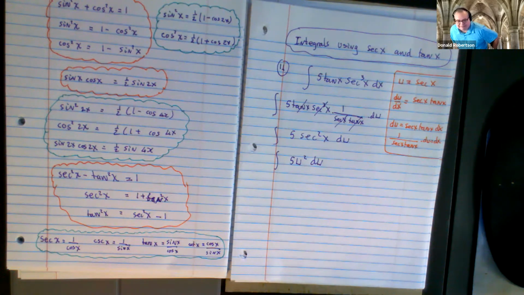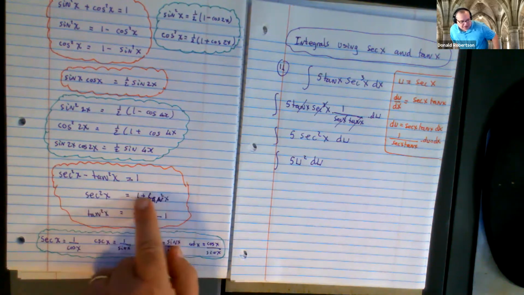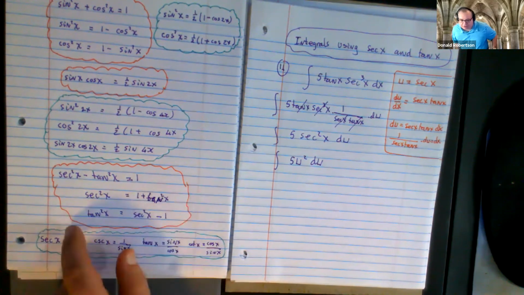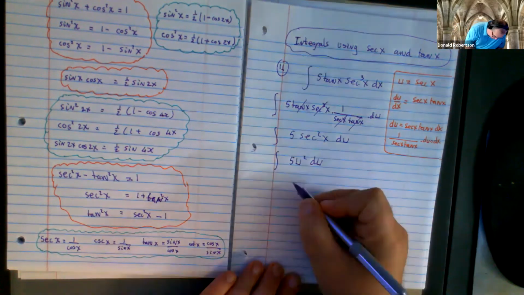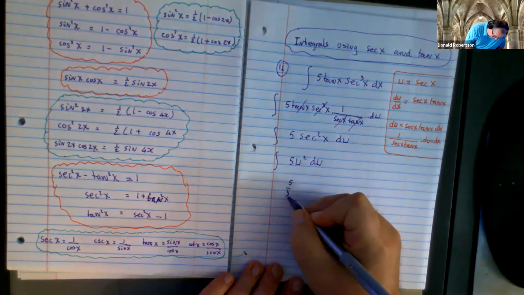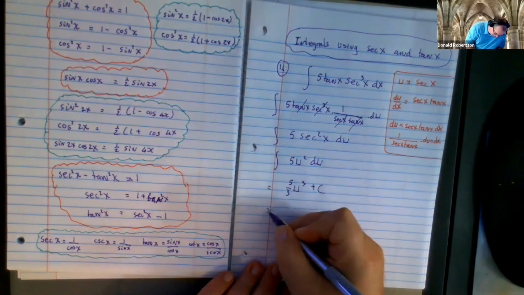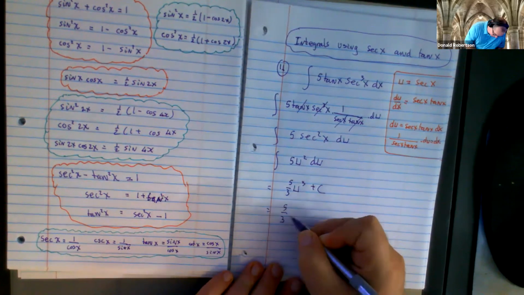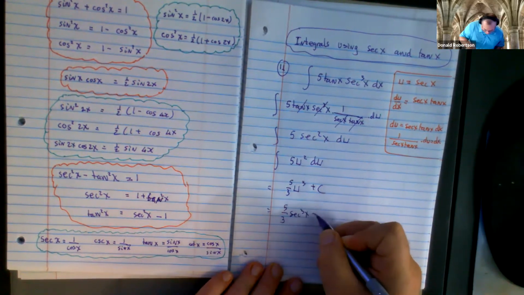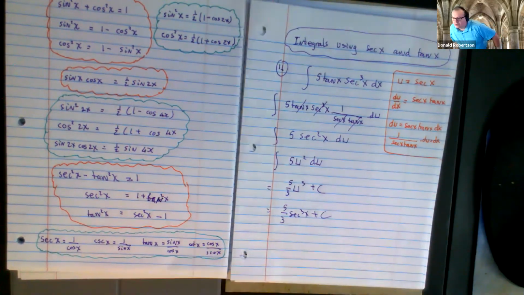So you'd say, nah, I can't really get rid of a secant. There's nothing over here that tells me a secant in terms of tan that would be of any use to me. So sometimes you try one and it doesn't work. So I'm doing the power rule to finish this thing off. There, we're done. So you try one and it doesn't work.